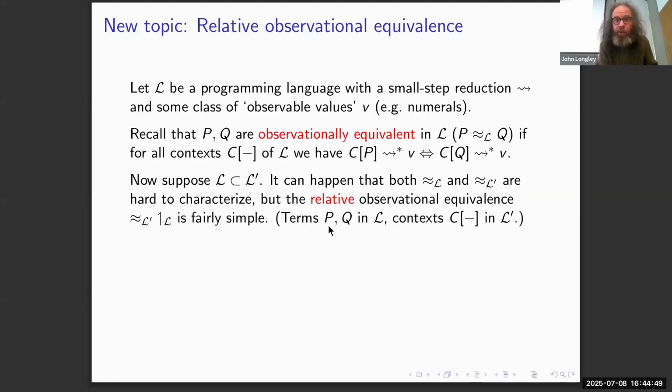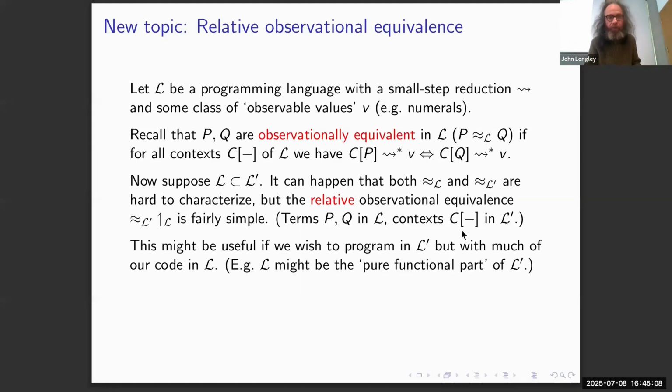So what I mean here is we look at observation equivalence for terms in the smaller language, but just with respect to contexts in the larger language. It can happen that this is something we can get a handle on, and is tractable mathematically, even in cases where the two individual observation equivalences are not.